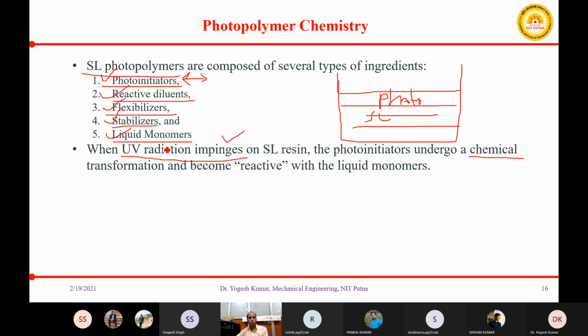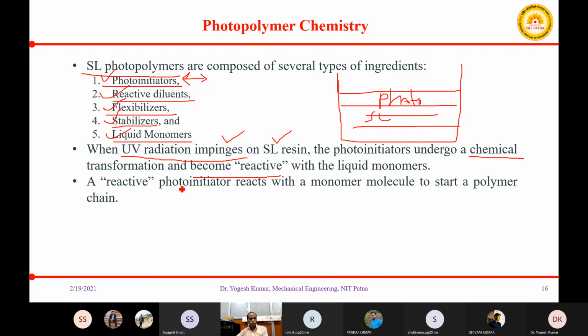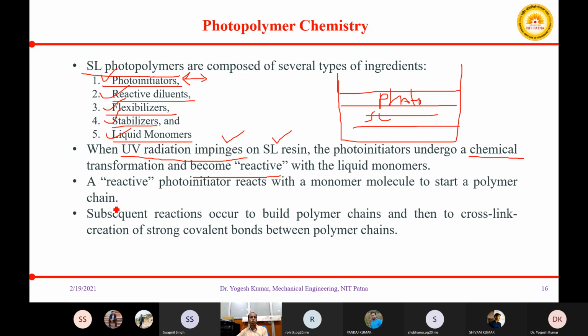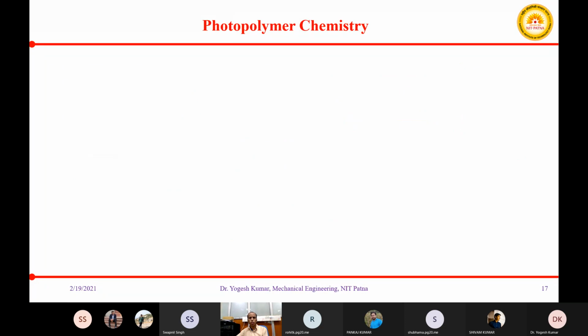As soon as UV radiation falls on the SL resin, it becomes reactive and reacts with the liquid monomers. A reactive photoinitiator reacts with a monomer molecule to start a polymer chain. Subsequent reactions build the polymer chain and then cross-linking, creating strong covalent bonds between these polymer chains.